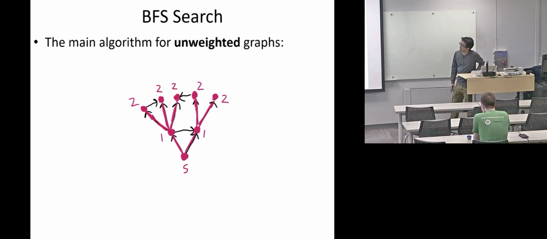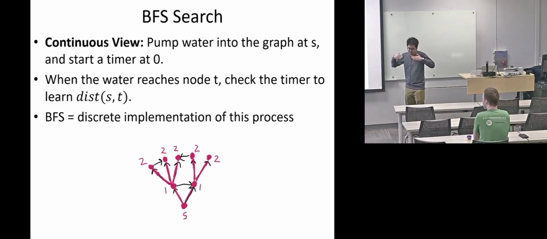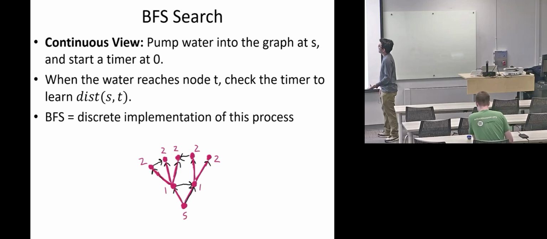One way to think about this is to have a continuous view. Imagine that you pump water from the source, and the water keeps spreading. It starts at time 0, and when the water reaches a node, you check the time it reached this node, and that is its distance.